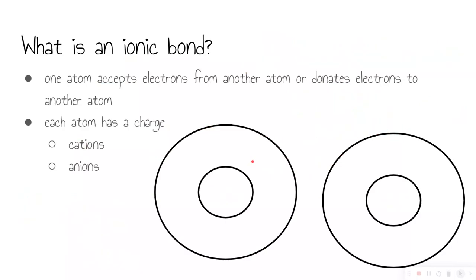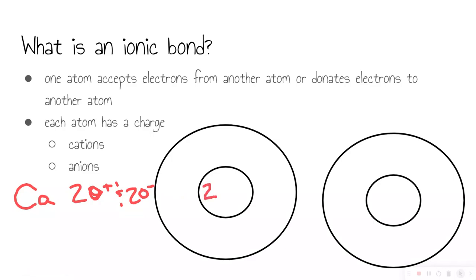All right, now let's look at another example. So let's look at calcium. Calcium has an atomic number of 20, so it's going to have 20 protons, and 20 electrons in a neutral atom.